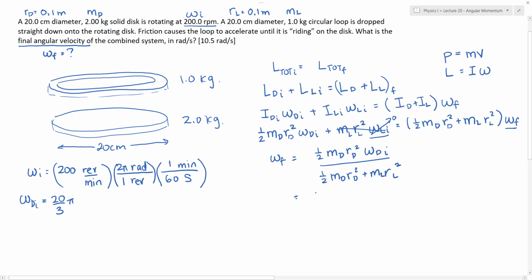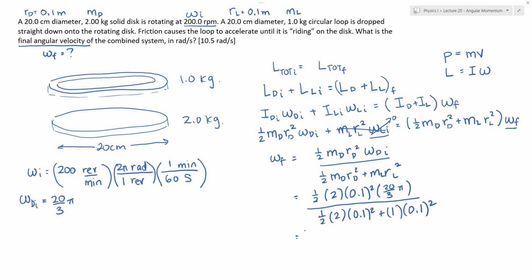And now we can plug everything in. 1/2 mass of the disk, which is 2 kilograms, radius, which is 0.1 squared, omega, which was 20 over 3 pi, over 1/2 mass of the disk, radius of the disk squared, plus mass of the loop, radius of the loop squared. Type all this in with me as I'm typing it. Make sure that we're getting the same answers.